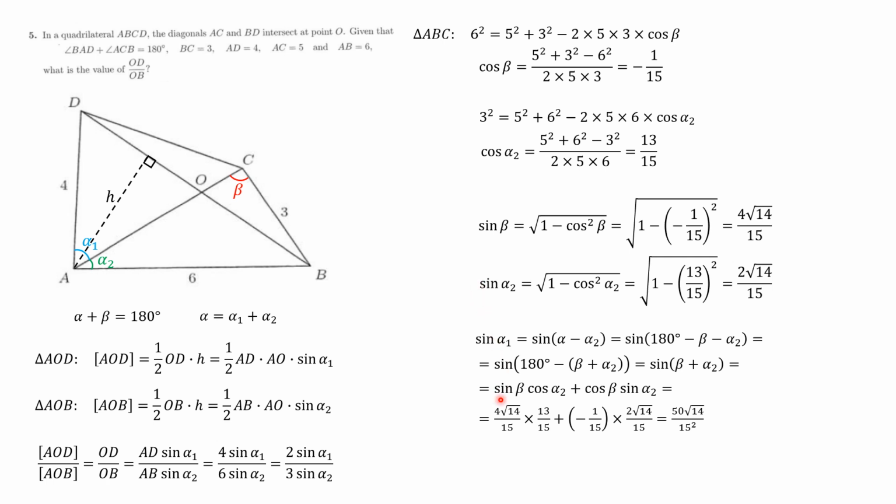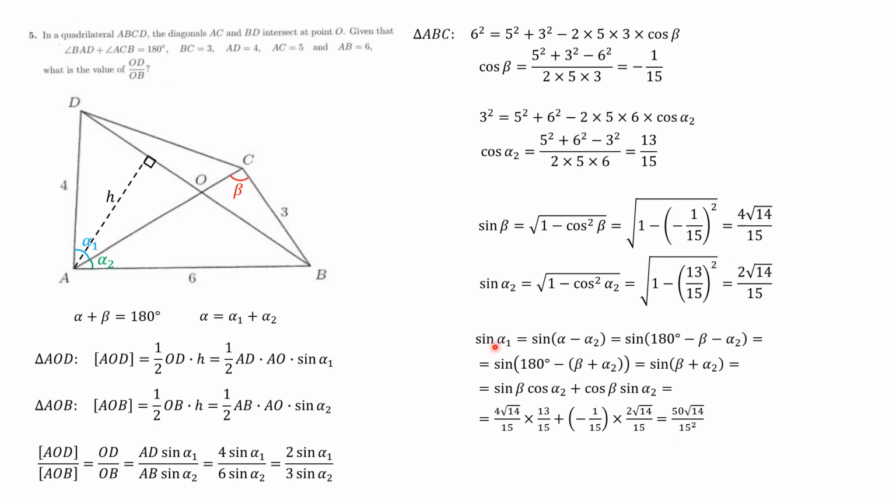So I just plug in the corresponding values. For sine beta, for example, I plug in 4 root 14 over 15. For cosine alpha 2, I plug in 13 over 15, and so on. For these also, the corresponding values that we already calculated. And this thing ends up being 50 times root 14 divided by 15 squared.